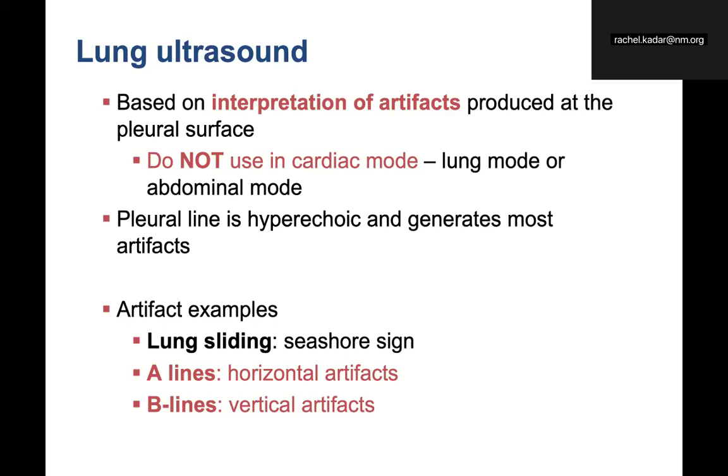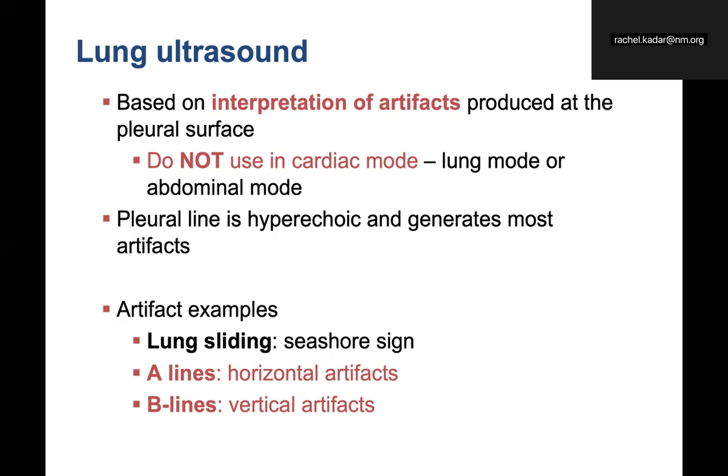So when we are doing lung ultrasound, we want to put the probe ideally in lung mode, or sometimes I will recommend abdominal mode, as in for pleural effusions. But generally, when we're looking for A lines and B lines, some of these artifacts, or for lung sliding, lung mode is going to be the best mode to view this in.